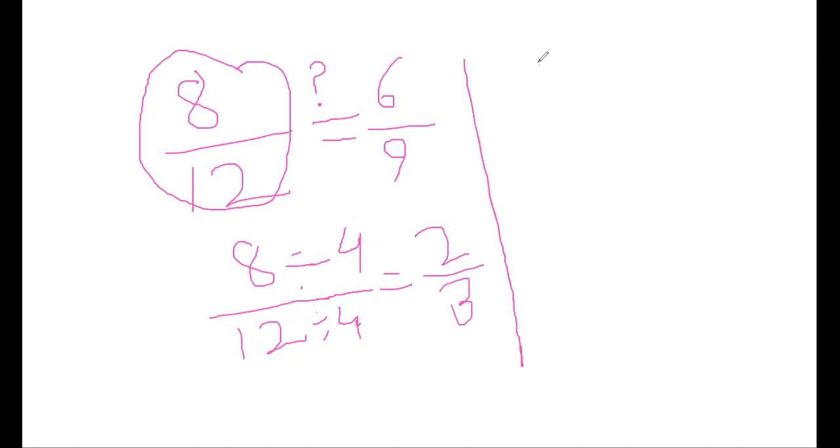Now 6 over 9, both are divided by what? Divided by 3. So from here you will also get 2 over 3.